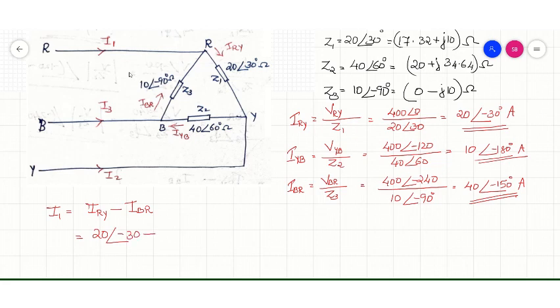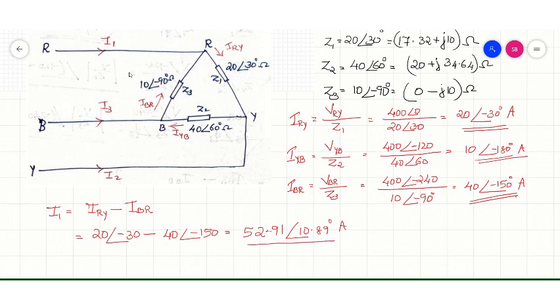We got IBR as 40 angle minus 150. That is equal to, you can use a calculator for finding the result, 52.91 angle 10.89 degrees. This much ampere.